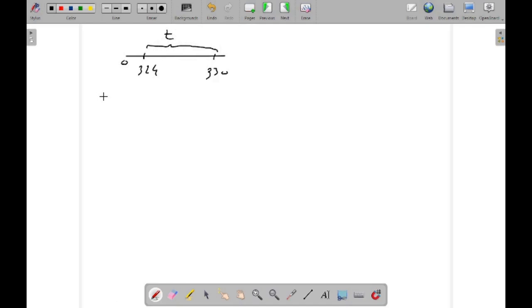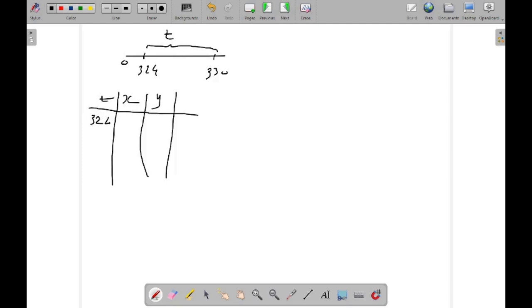Let us construct a table for each value of t, what we are getting as x and as y. Okay, first let us consider 324.